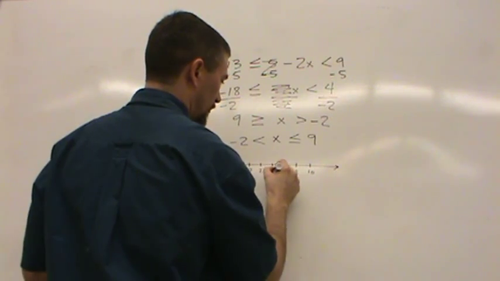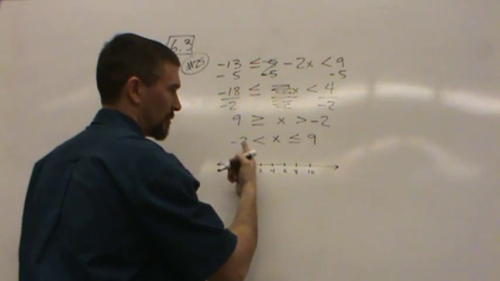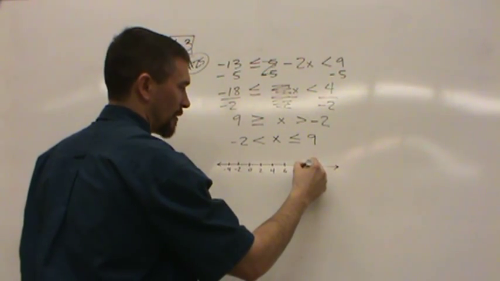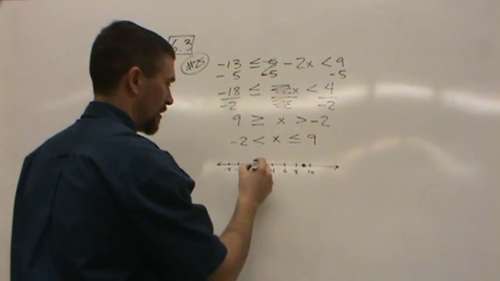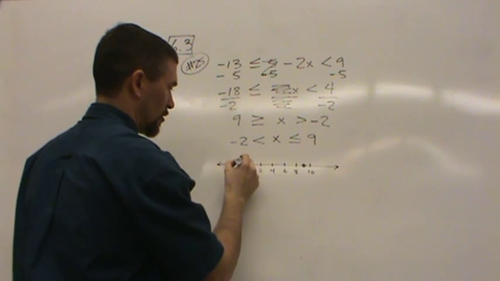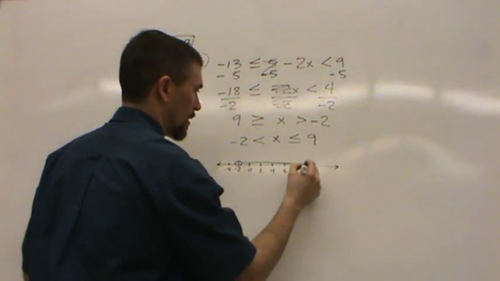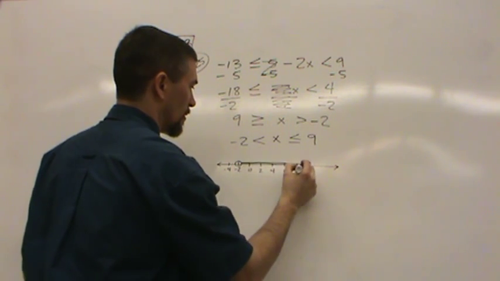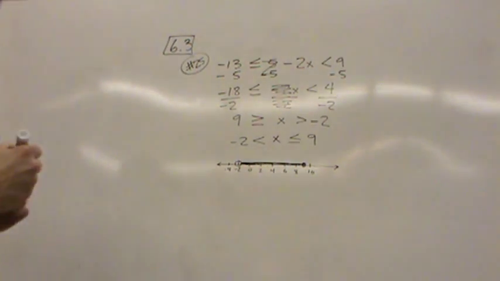I'm graphing this just so you can see that since we wrote the smaller number first and then larger and larger, it makes it a lot easier to graph and think about when you've got it in order from left to right. So this is an open circle, and that's a closed circle on 9. So that's how you would do that.